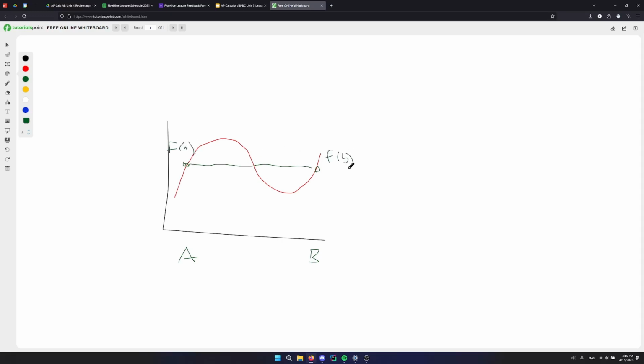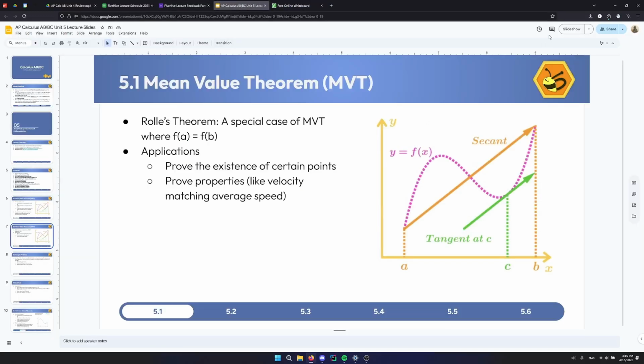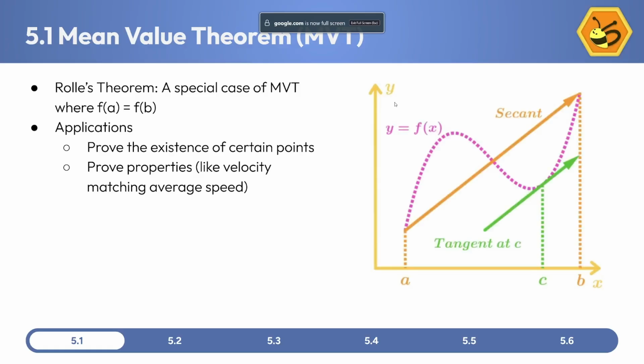Then using Rolle's theorem, we might be able to say, okay, here's one value of c, here's another value of c, etc. Again, don't worry too much about the actual terms. Just know it's the same thing as the mean value theorem, just with an extra condition.